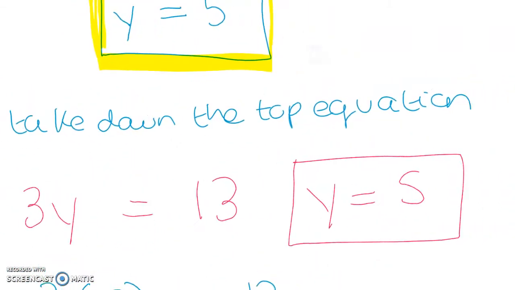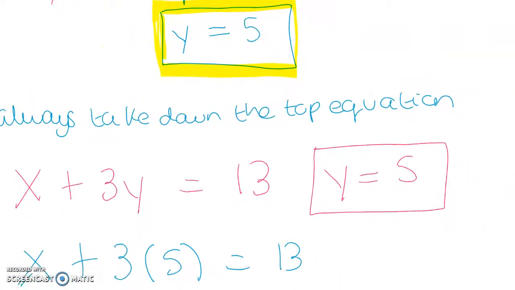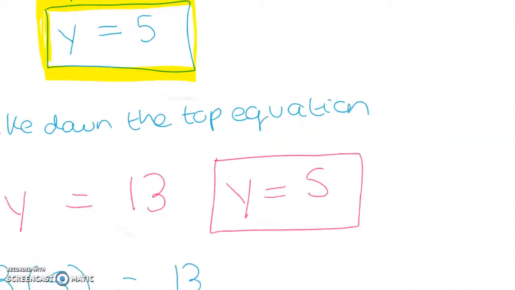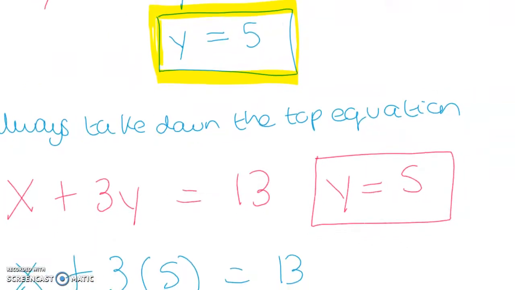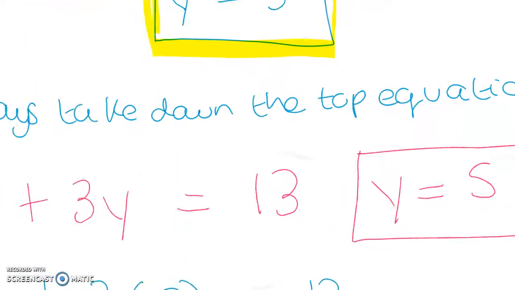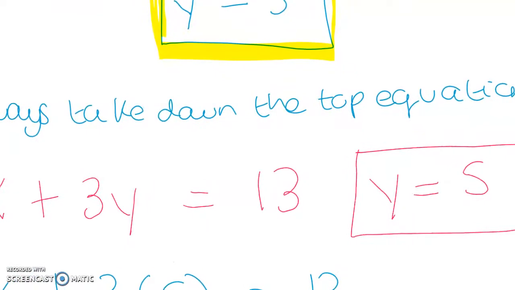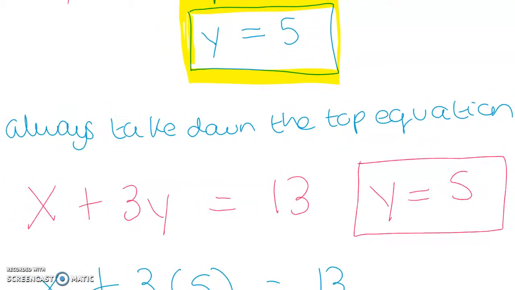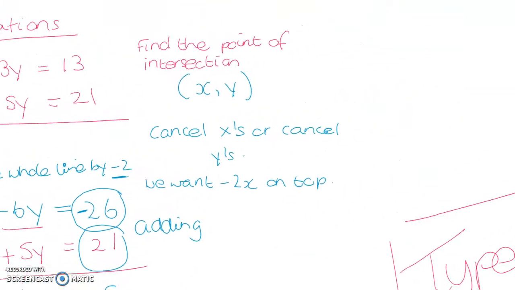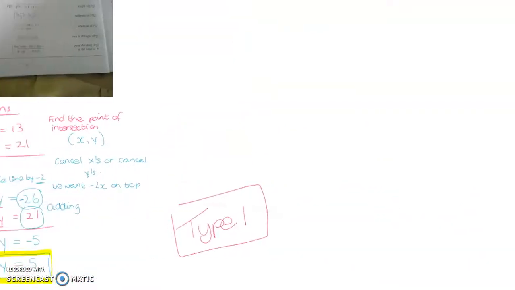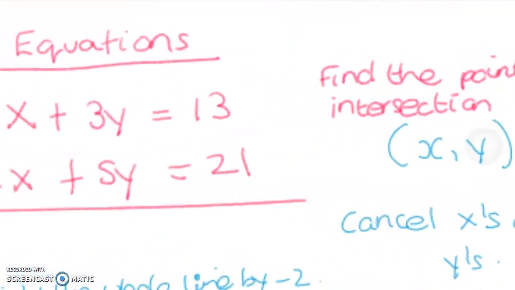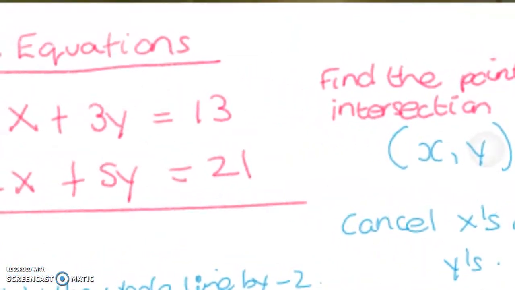The next step: always take down the top equation. Always. Now, would you believe it, lads, it actually works. Sorry, I'm just trying to get this into focus. The top equation being x plus 3y equals 13.